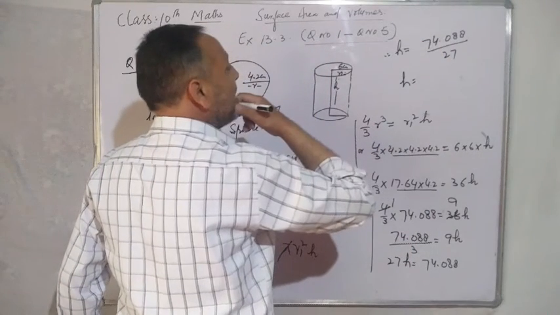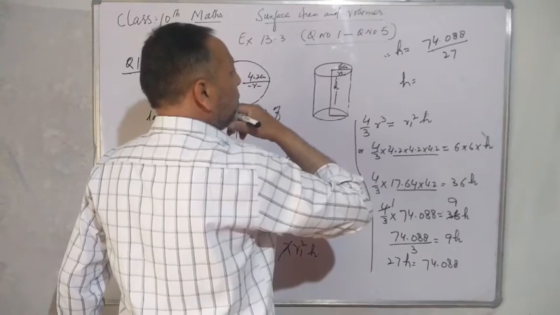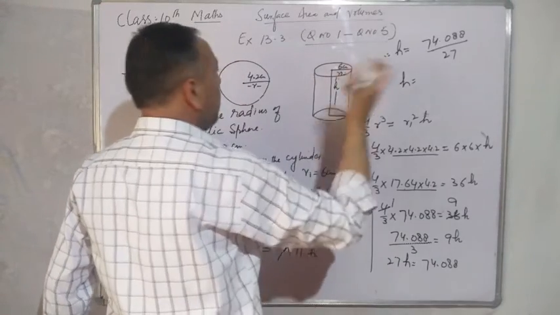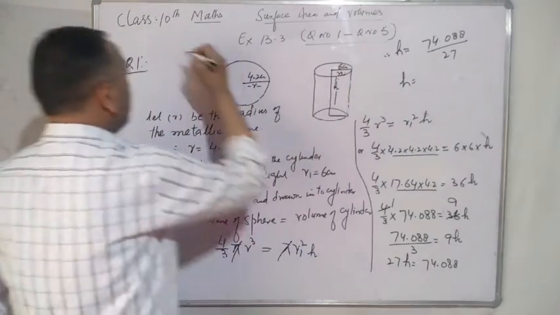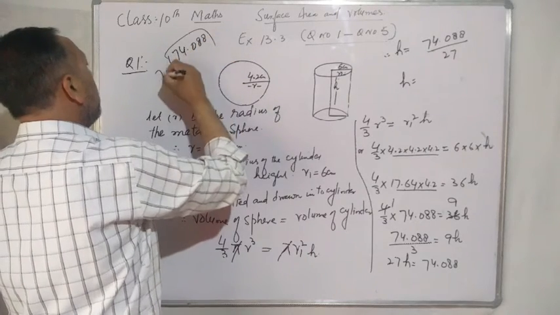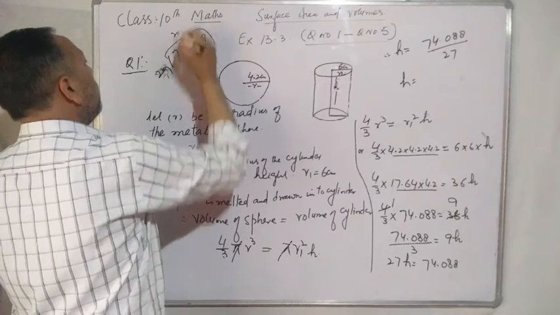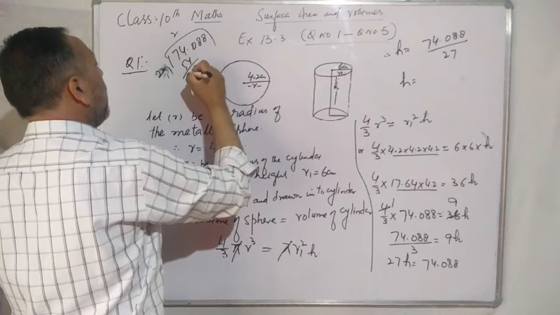27 twos are 54. So it will be something 2 point. Let me check it. Divided by 27, 27 twos are 54.